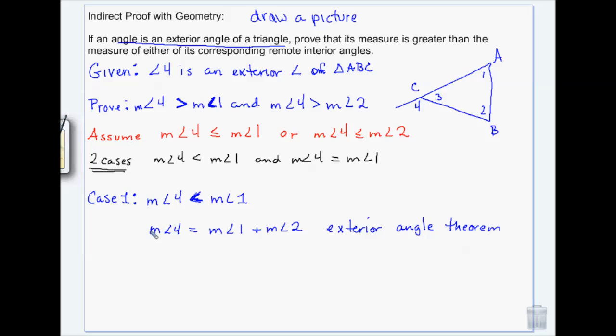Well, if this is the case, I'm saying that angle 4 is less than something that is added up to make it. That doesn't work unless you have negative numbers, right?